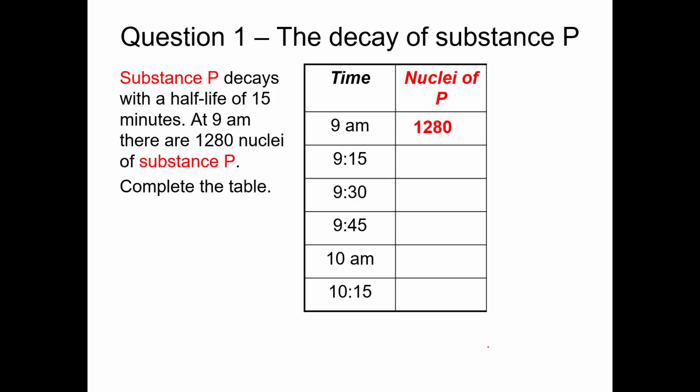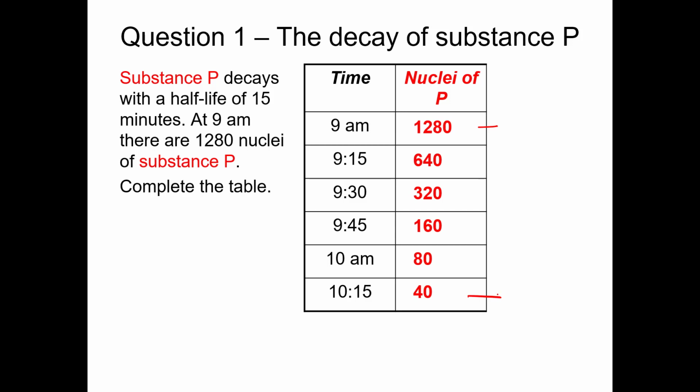Remember that the original is 1280, that is at 9 a.m. So at 9:15, it reduces by half, 9:30 reduces by half, and so on, and finally at 10:15, the remaining amount will be 40. So from 1280, the remaining is 40.